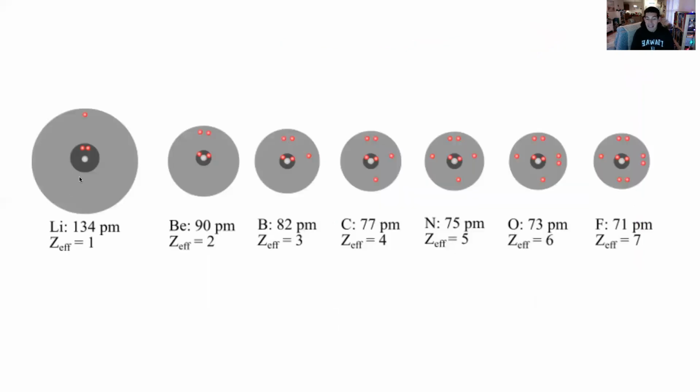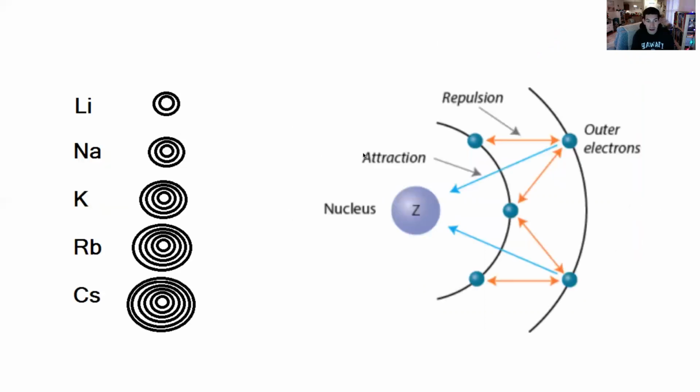Again, the reason it gets bigger from left to right is more protons in the nucleus, squeezing the electrons closer, holding them tighter, and even being able to pull in outside electrons. And why does it get smaller as we go down the group? The electrons get further away from the nucleus, and there is a shielding effect, where the electrons are being blocked from the attraction of the nucleus.